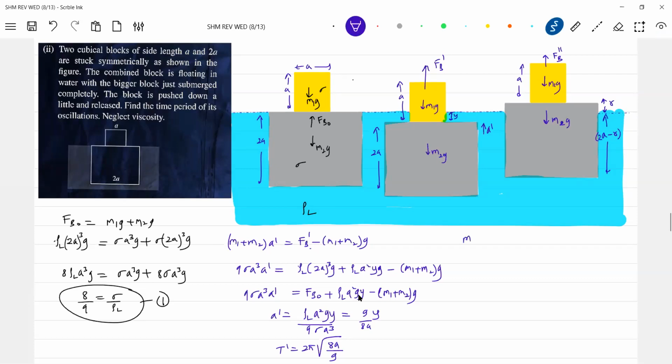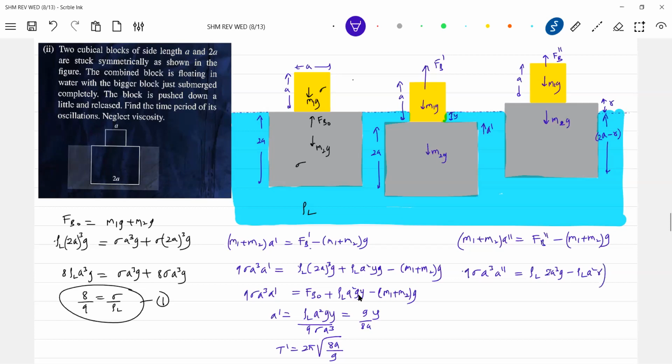So now the next part of the problem. M1 plus M2 together. What FB double dash should I write? Rho L 2A cube, plus minus, negative, no?